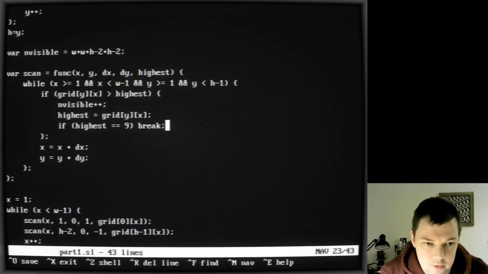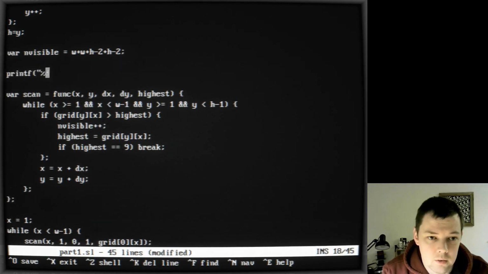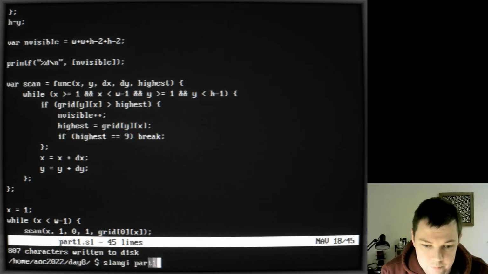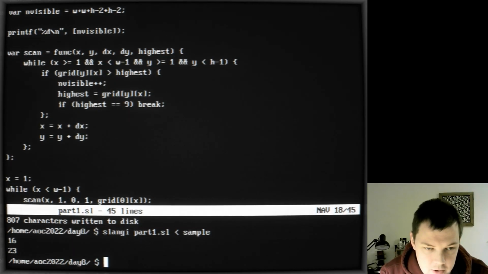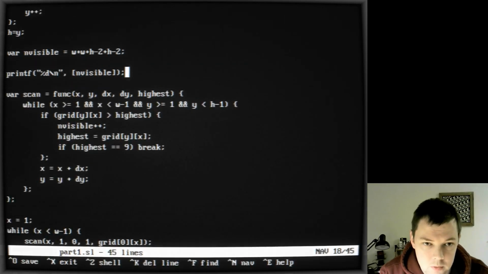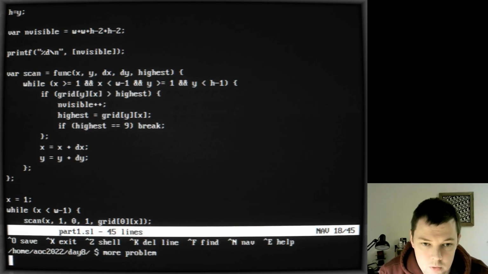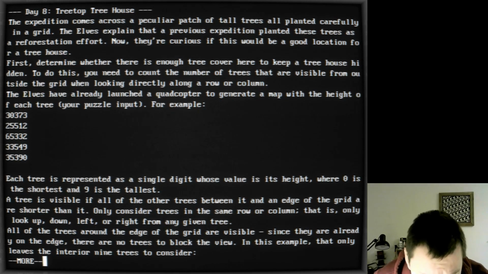That is incorrect. So what do we start out at? Okay, so the 16 is correct, the 23 is not. Must remember that the items in my grid are characters rather than numbers.